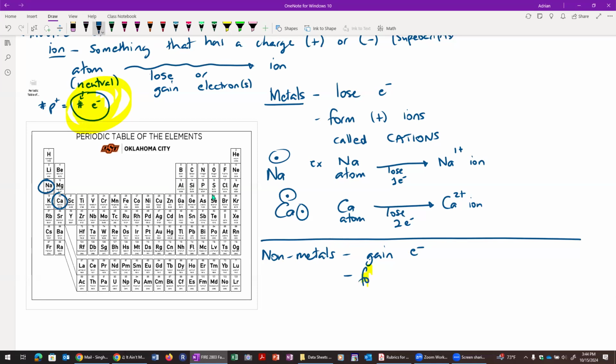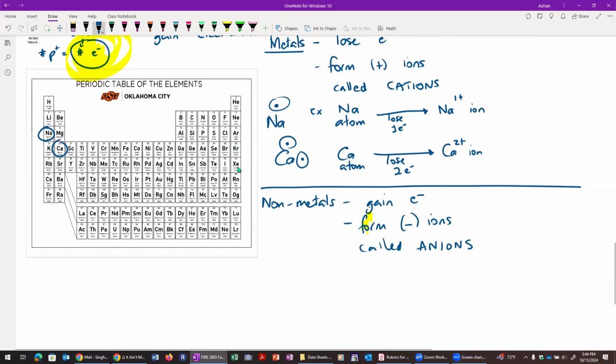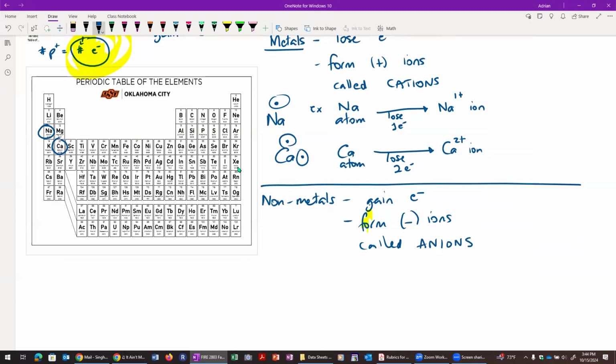So these are going to form negative ions, and we call negative ions anions, A-N-I-O-N-S. So for example, if we look at something like fluorine, fluorine is in group 7. So it's got 1, 2, 3, 4, 5, 6, 7 valence electrons.